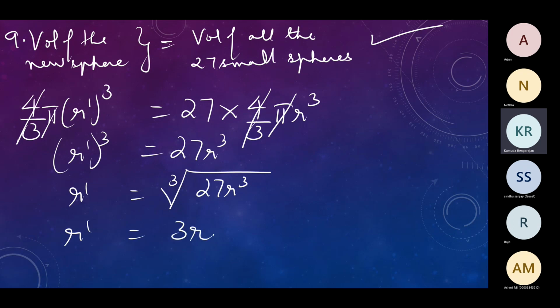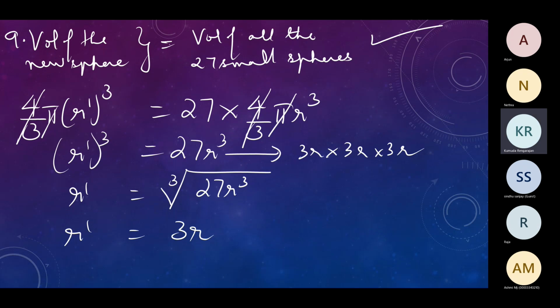Is this understood, children? Or if you want, you can also write this as 3r into 3r into 3r. What is 27r cubed? 3r into 3r into 3r. So there is 3r 3 times, so 1 will come out.